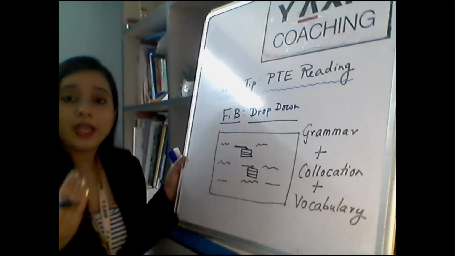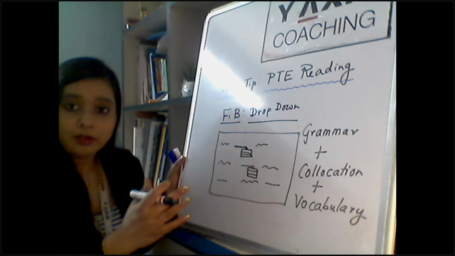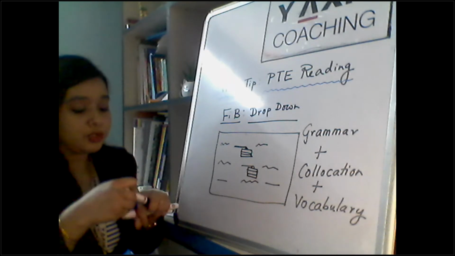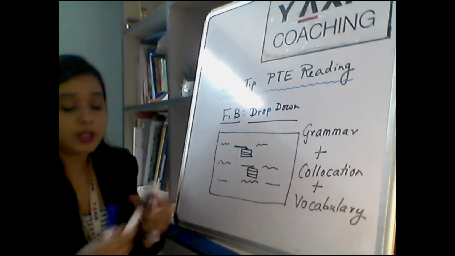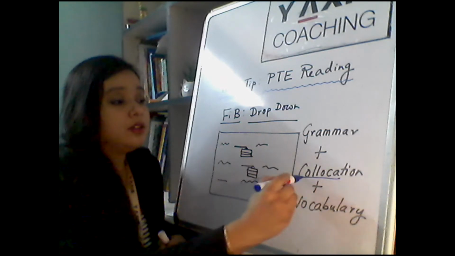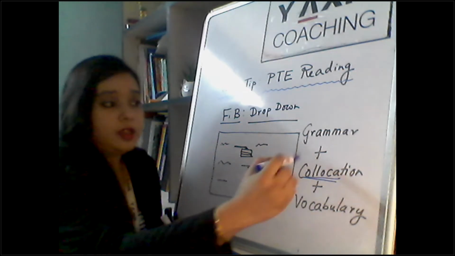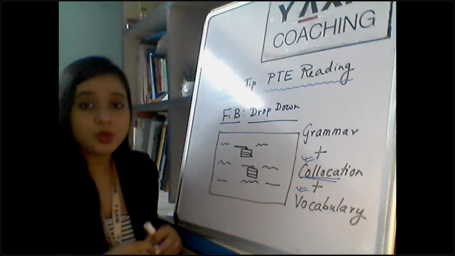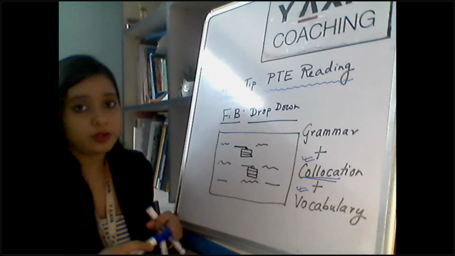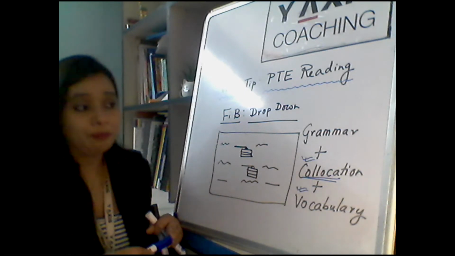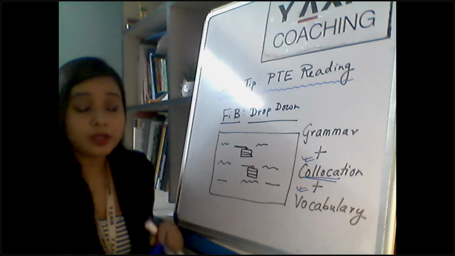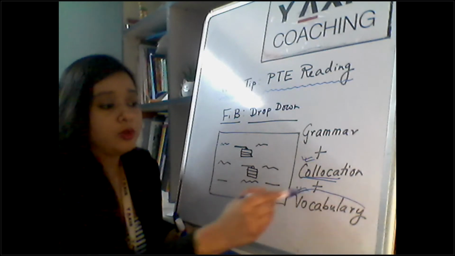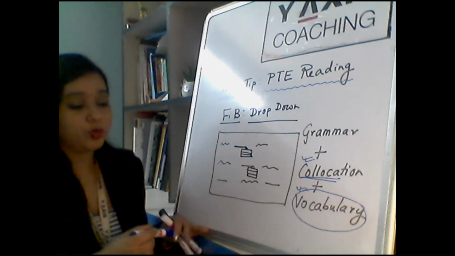Then we have to go by the grammar clues, as also our knowledge of collocation, which is very important, and vocabulary. So everything plays a good role. I would always request you to go through the list of collocations which is available. You should be thorough when it comes to your knowledge of collocation. It's very important. And then vocabulary, of course, also has its own role to play.